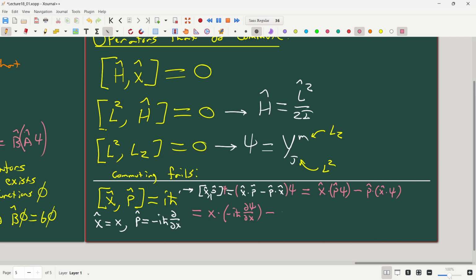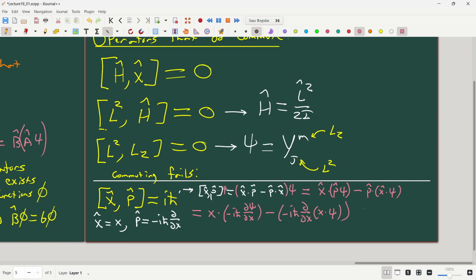And the last term will be minus iħ times the derivative of x evaluated on psi. You may already see that these aren't going to cancel each other out, because here I have x times the derivative of psi, and here I have the derivative of x times psi. We have to use the product rule over here.